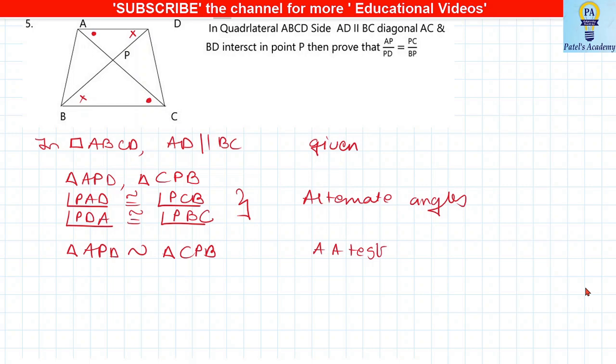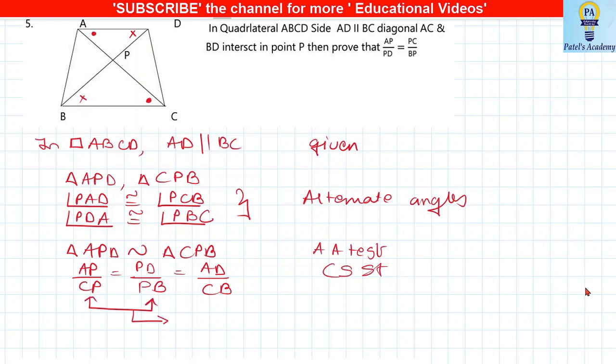Okay, now let us take the ratios. I'll take down all the three, and then what I'll require, I'll see that AP upon CP equals to PD upon PB equals to AD upon CB, corresponding sides of similar triangle. Now I want AP upon PD. Okay, yes, I need these two, but I don't need in this form.